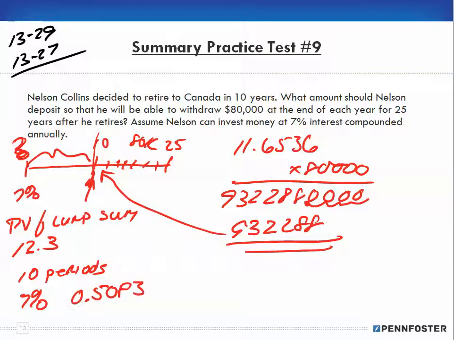So we take the 932,288 and multiply it by 0.5083.